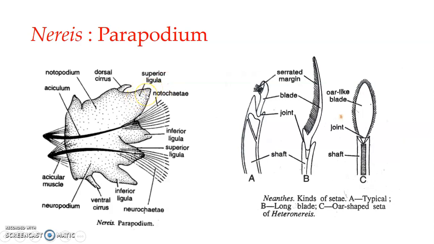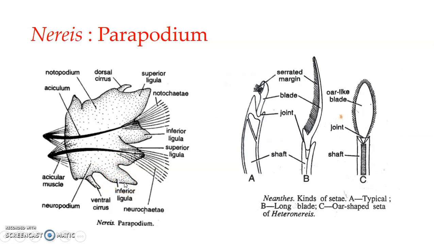The dorsal one is known as the superior ligula, and this is the inferior ligula. So this is the superior ligula of the notopodium, and this is the inferior ligula of the notopodium, while this is the superior ligula of the neuropodium, and this one the inferior ligula of the neuropodium.